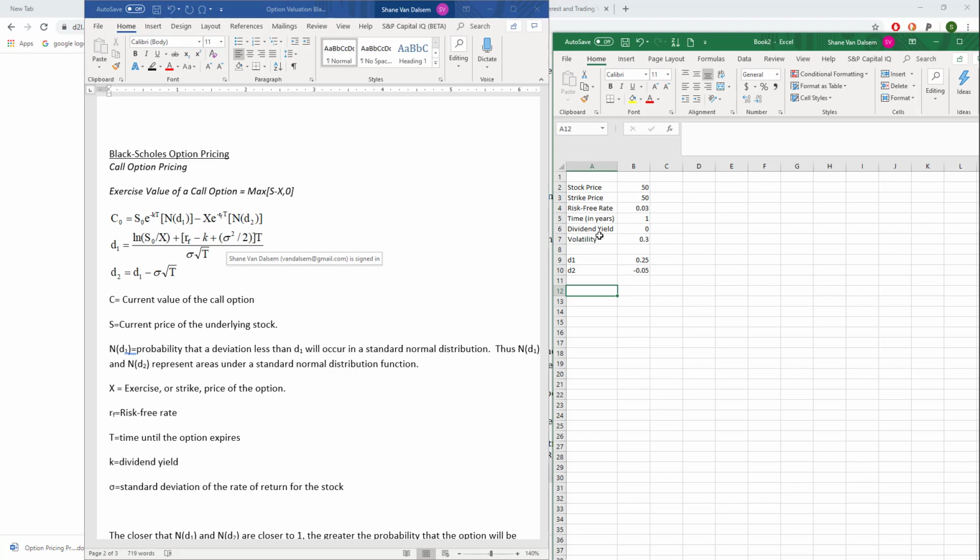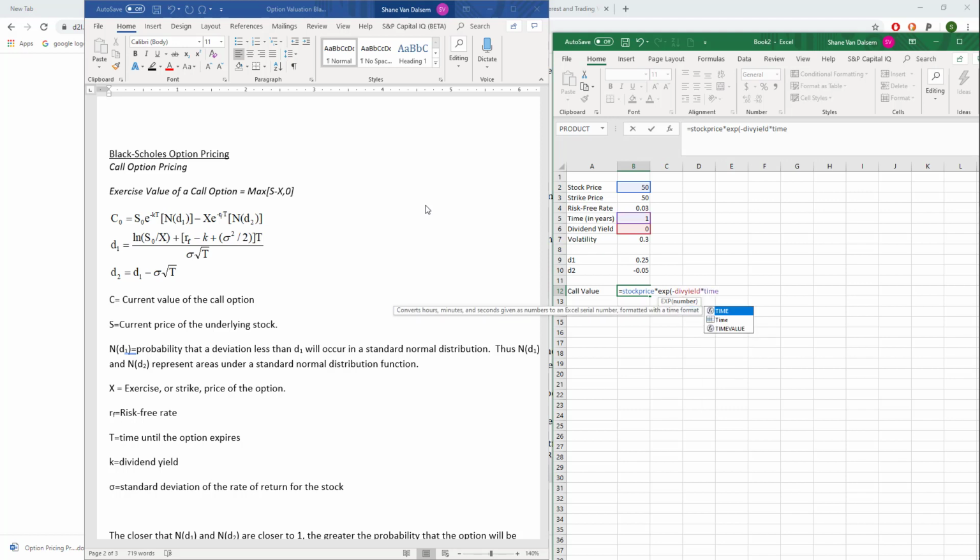So my call value is equal to the stock price multiplied by EXP. So you see that e to the dividend yield multiplied by time, we get that by EXP. And then in parentheses, we're going to put negative div yield, because that's what that K is, multiplied by time.